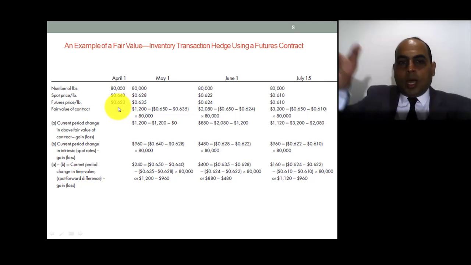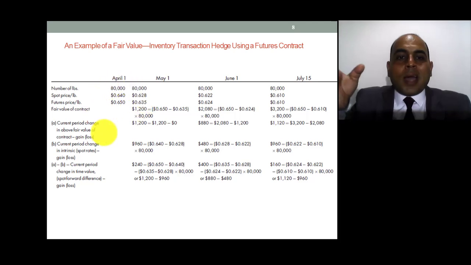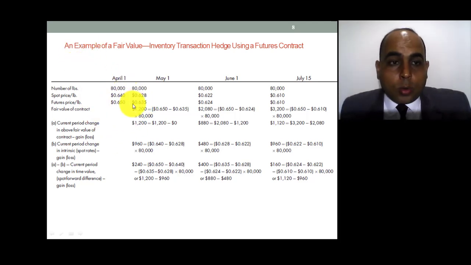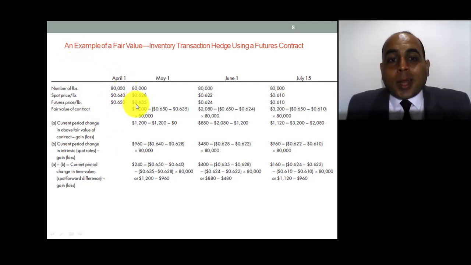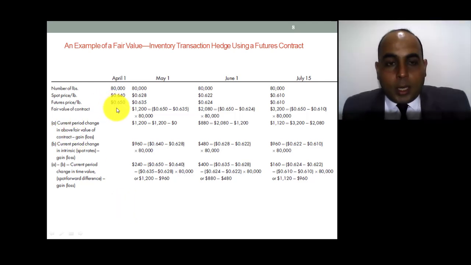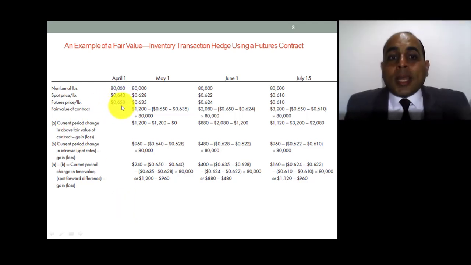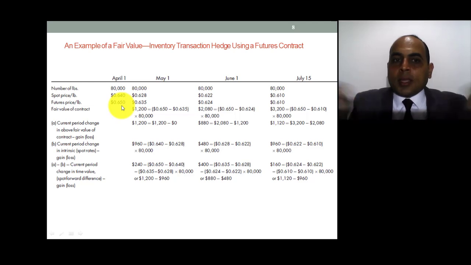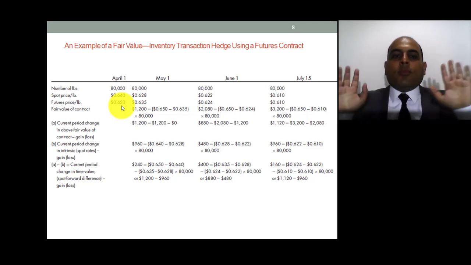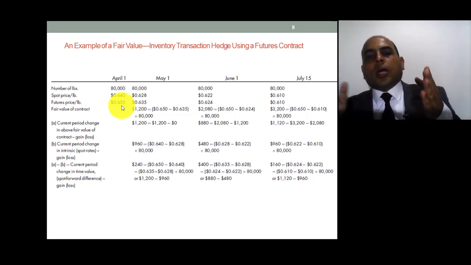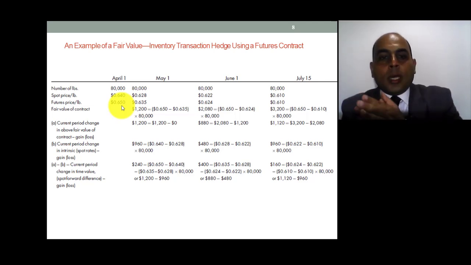In the future, after 1 month, the future contract price declined to 0.635. We have already signed the contract at 0.65, and the prices in the future dropped to 0.635.